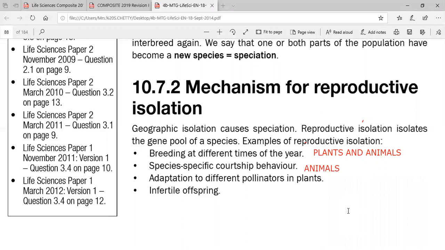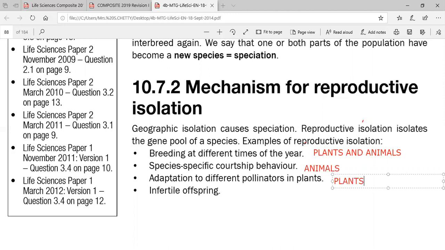A cow, for example, may be attracted to the strength of a bull. So a cow would not find the crab attractive. So that is species-specific courtship behavior.